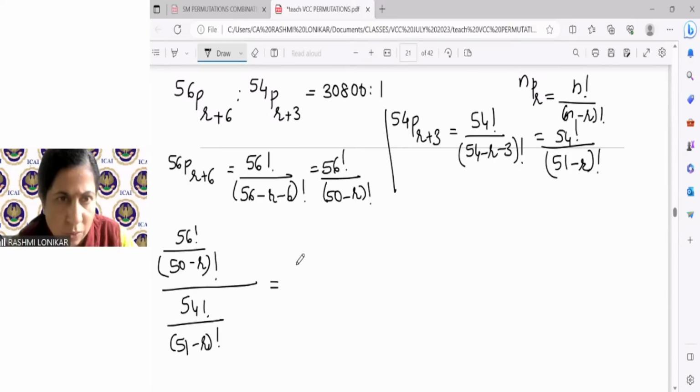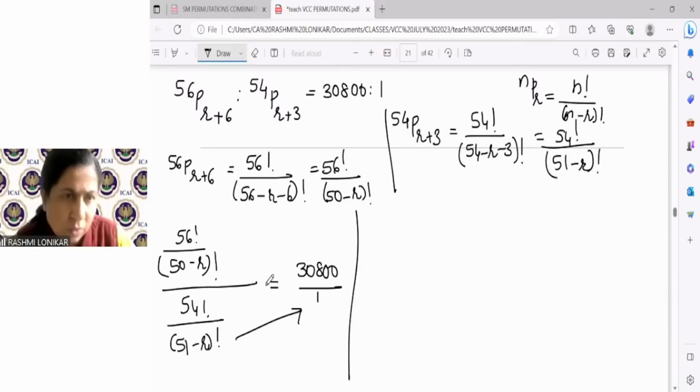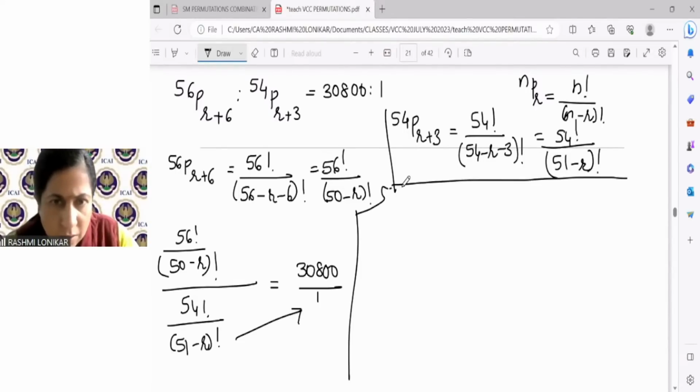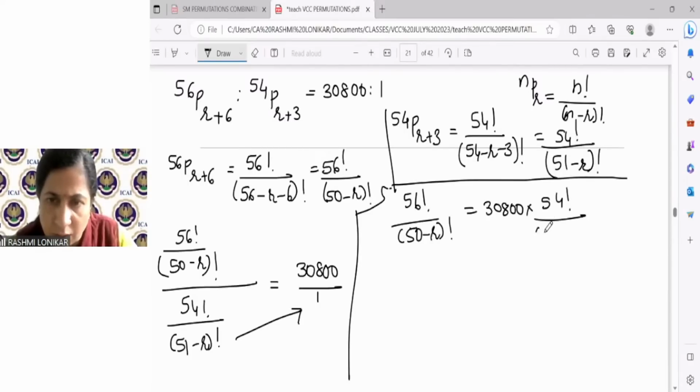This is equal to 30,800 upon 1. I cross multiply, I take this to this side, this becomes equal to 56 factorial upon (50 minus r) factorial equals 30,800 into 54 factorial upon (51 minus r) factorial.